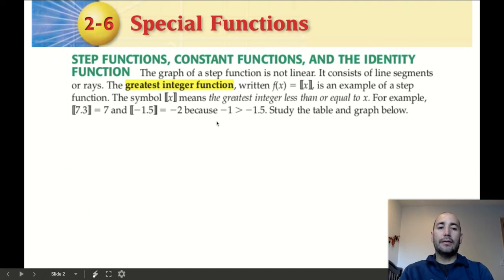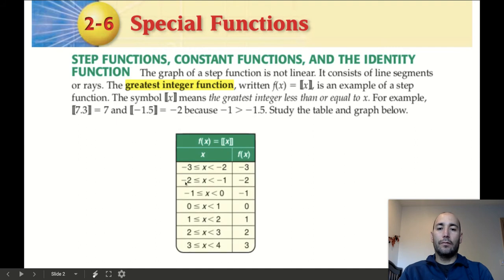Looking at this table, we say f of x equals the greatest integer of x. If your x value is anything between negative 3 and negative 2, like negative 2.9, negative 2.6, negative 2.1, negative 2.0001, it will always round down to the nearest greatest integer, which would be negative 3.